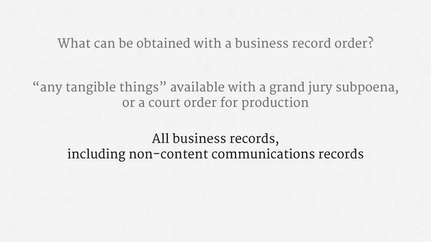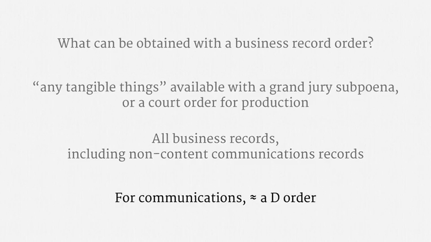So, in the context of communications, a FISA business record order can be used to obtain the same information as an ECPA D order. Recall that a D order requires reasonable, articulable suspicion, so a business record order is an easier way to get the same information.